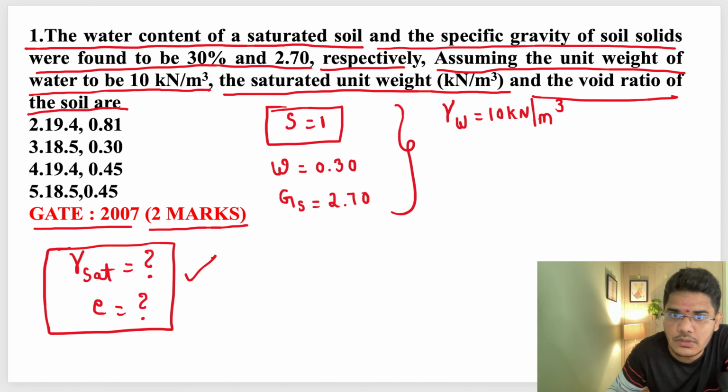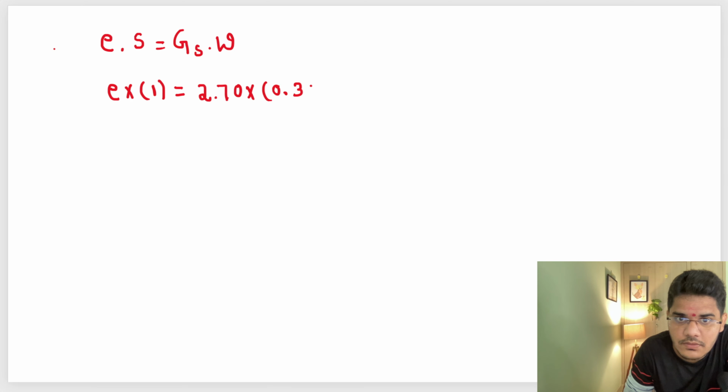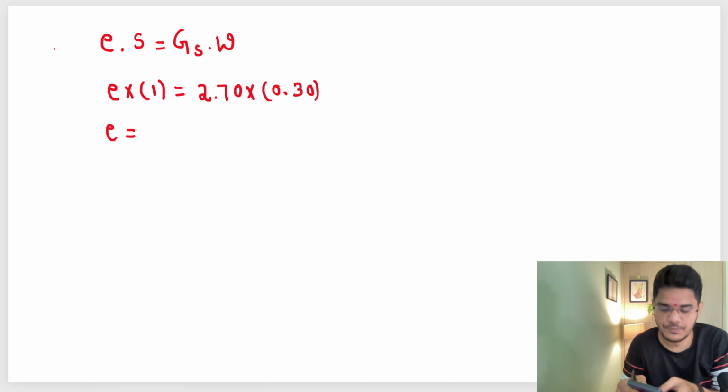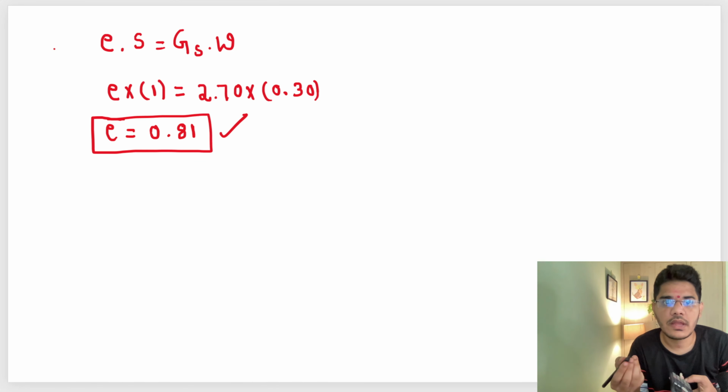GS is equal to 2.70, that also he has given, into water content 0.30. So E is equal to 2.70 into 0.30. So E is coming out to be 0.81. So void ratio can be calculated.